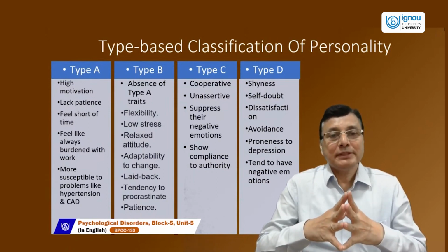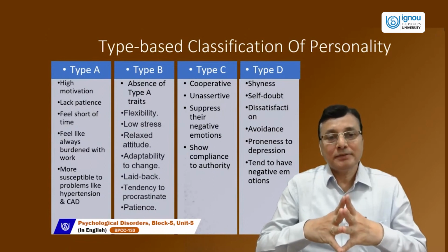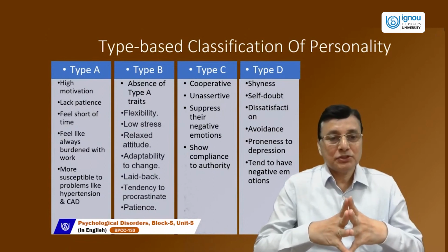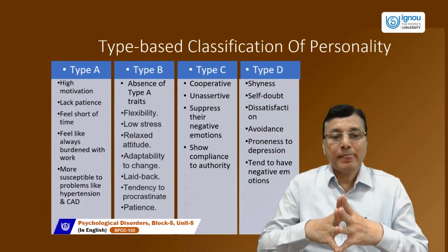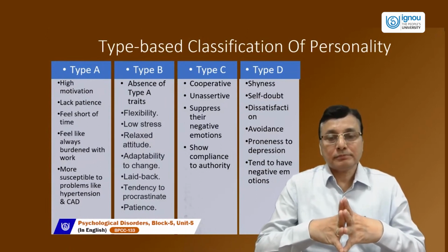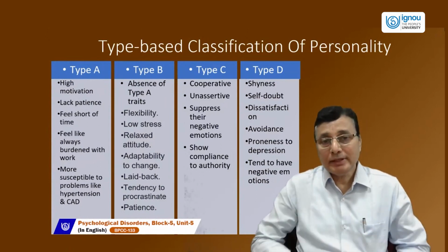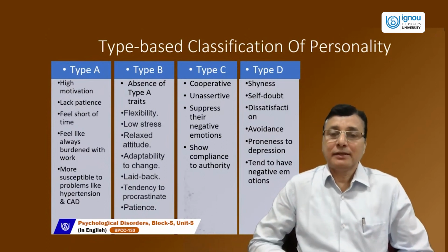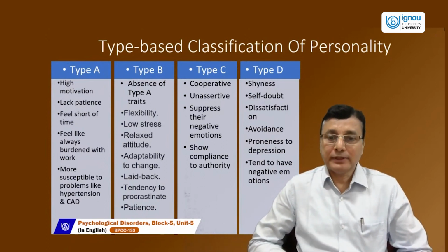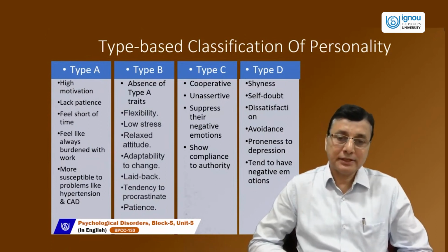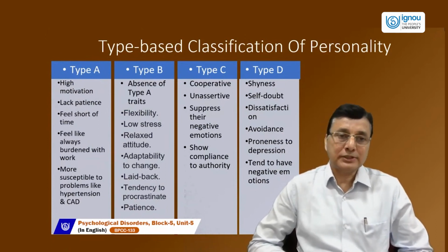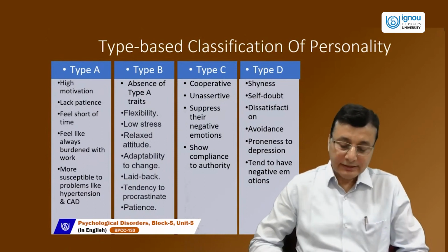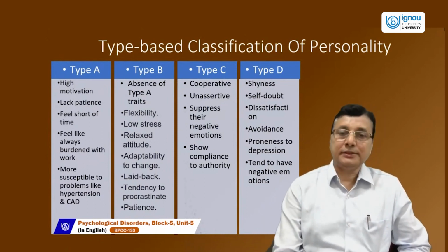Whereas in type C, they are cooperative and unassertive, suppress their negative emotions, and show compliance to authority. Whereas type D, they are shy, they have self-doubt, dissatisfaction, avoidance, proneness to depression, and tend to have negative emotions. In type C, generally, cancer is seen.